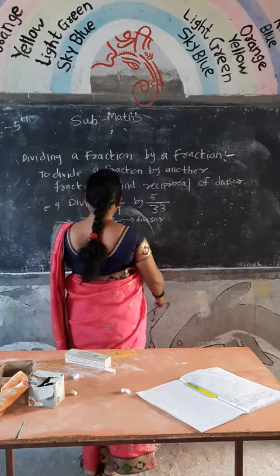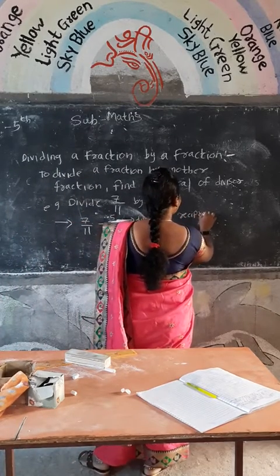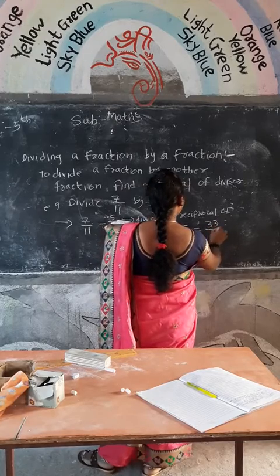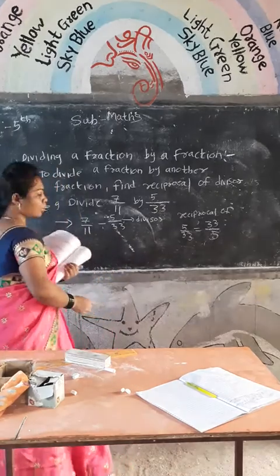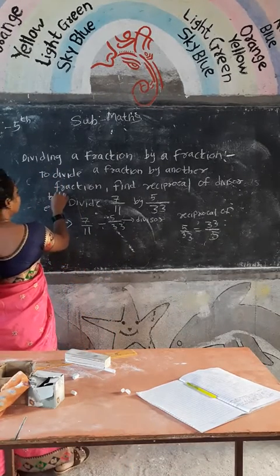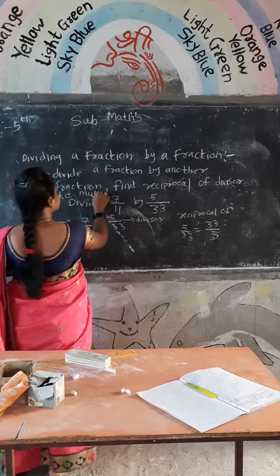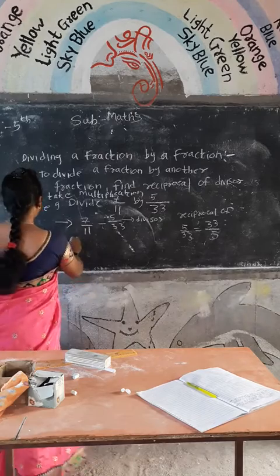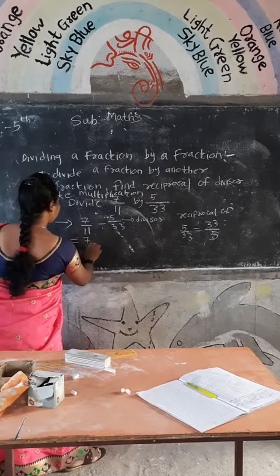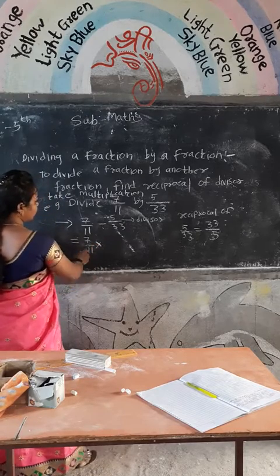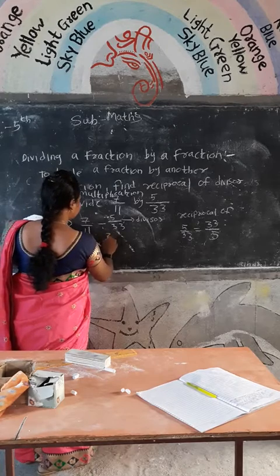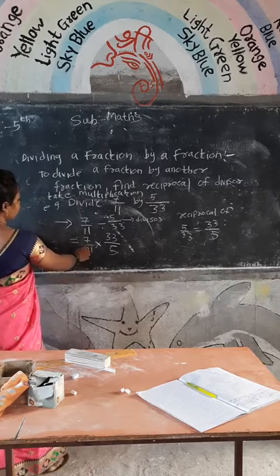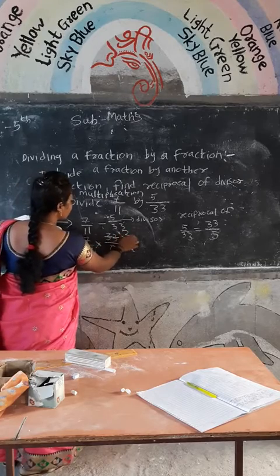The reciprocal of 5/33 is 33/5, and then take multiplication of numerators and denominators. 7/11 stays as it is, multiplied with the reciprocal of 5/33, which is 33/5. 11 ones are 11, 11 threes are 33.